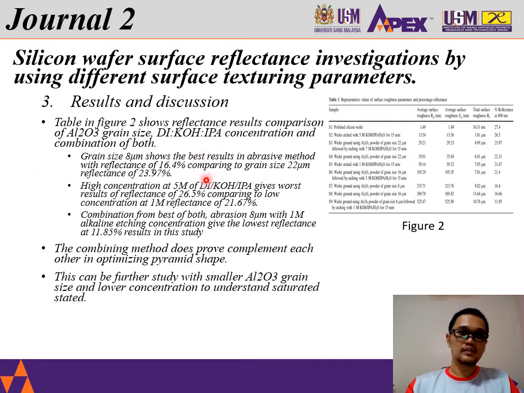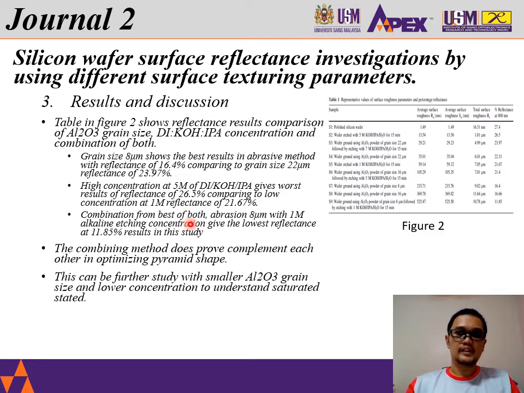A lower reflectance means better absorption. So over here, 8 micron is better than 22 micron grain size in terms of the mechanical grinding method.